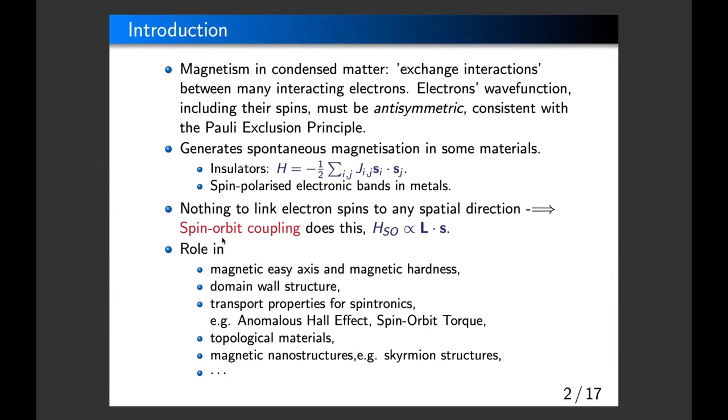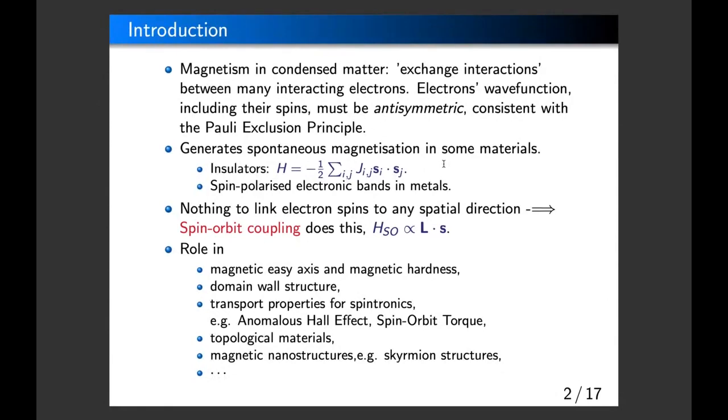So at a fundamental level, this means that the wave function that's describing these many electrons must be antisymmetric. So it's got to be consistent with the Pauli exclusion principle. This generates spontaneous magnetization in some materials, which can be expressed quite succinctly in terms of this classic, well, this famous Heisenberg-like Hamiltonian. It also leads to spin polarized electronic bands in metals.